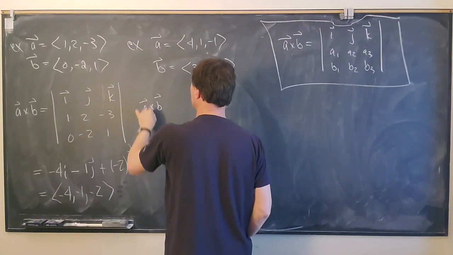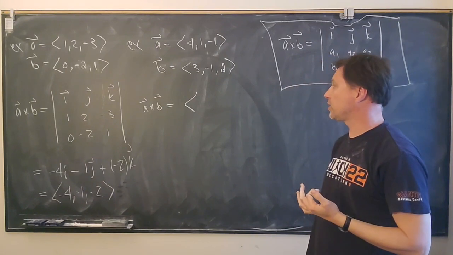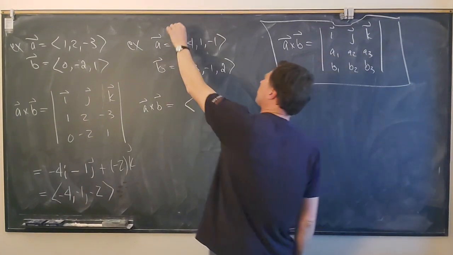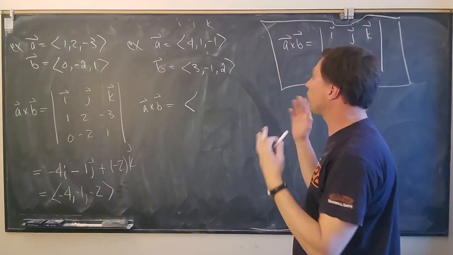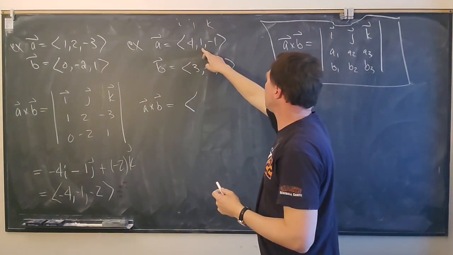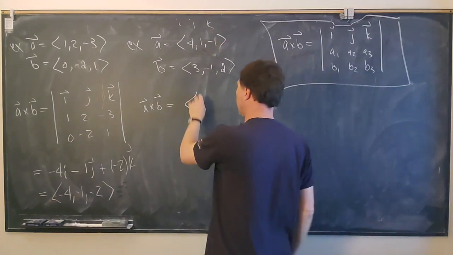So here's the idea now, and I'm going to go straight to angle bracket notation. That's typically what I do. So imagine there's really an imaginary I, J, and K up here. For the first entry, it's going to be 2 minus 1, so we get a 1.